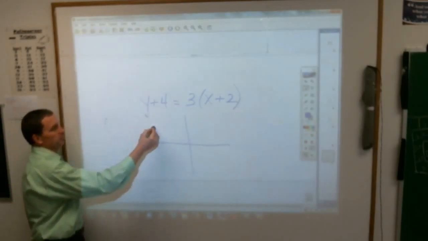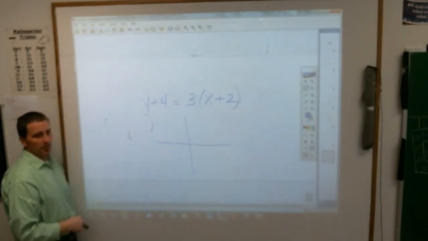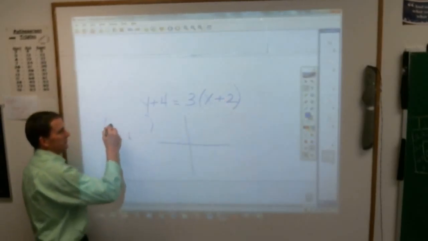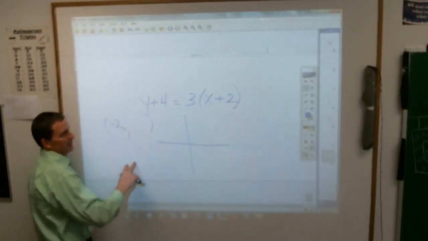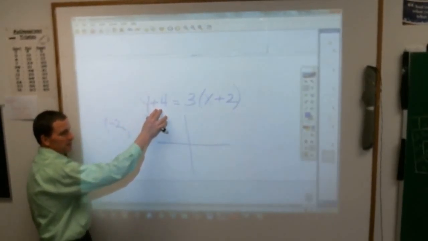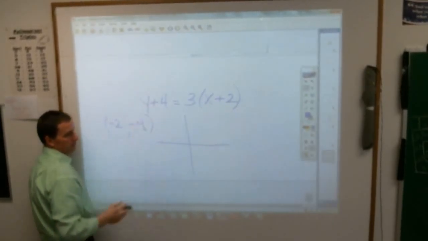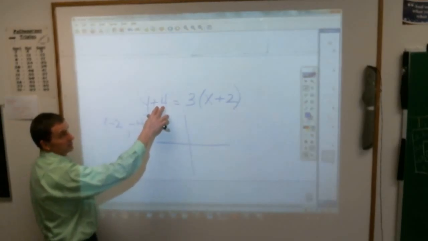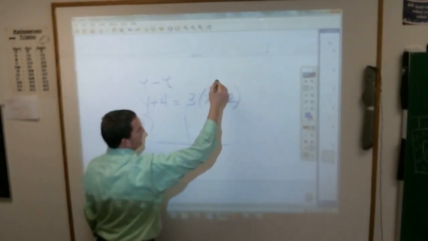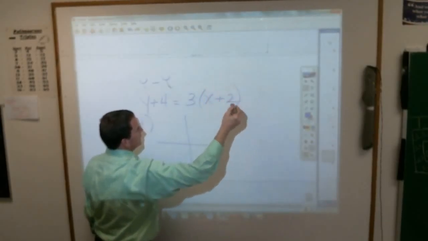What is my x point? It's not 2, it has to be -2, because a negative is the only way to get that positive. And the same thing with y. Y has to be -4, because my original formula looks like this, and it doesn't work anymore.